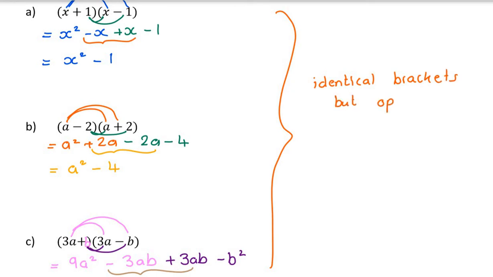Now notice it doesn't actually matter which sign comes first. So the first question has a positive first and then a negative in the bracket, and the second question has a negative and then a positive. So it all doesn't matter, but the point is they're exactly the same, but the signs are different, which is exactly why every second and third term cancelled, because they were just opposite signs but the same thing.